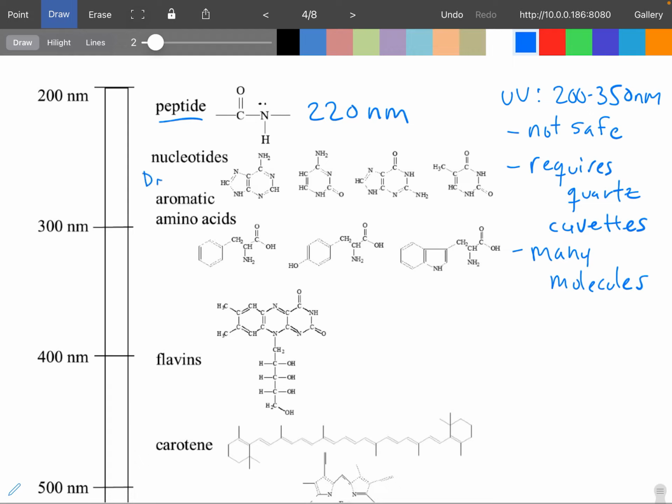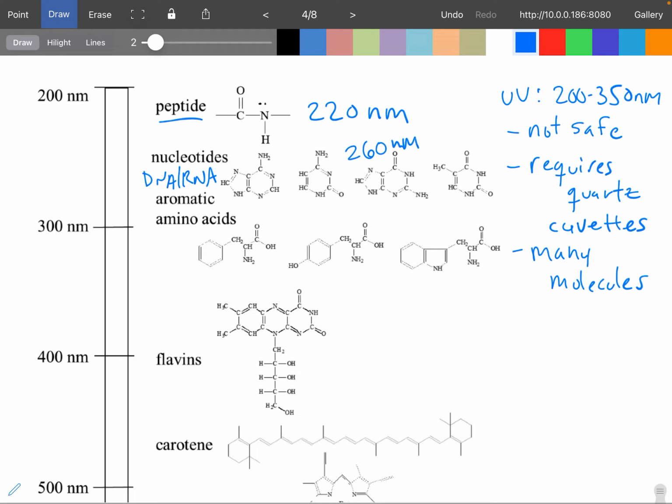Nucleotides, we're talking about DNA and RNA. These are going to absorb kind of in the 260 nanometer range. Some are less than that, some are a little bit more than that, depending on which particular base we're talking about, but in that range.